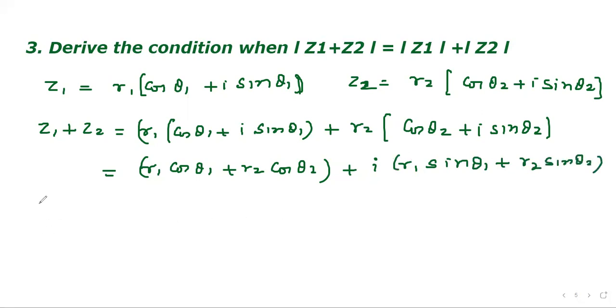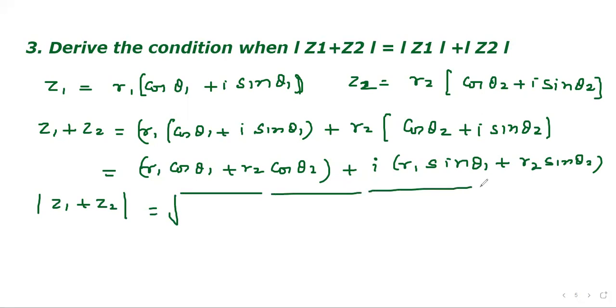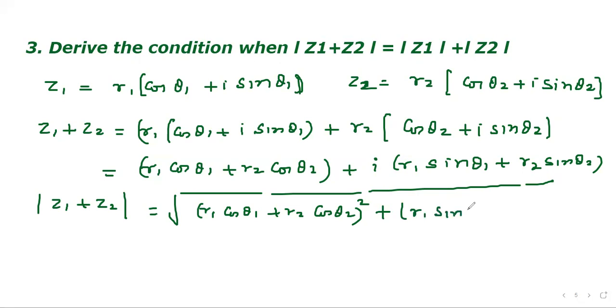Now we find modulus Z1 plus Z2 will be equal to square root of R1 cos theta 1 plus R2 cos theta 2 whole square plus R1 sin theta 1 plus R2 sin theta 2 whole square.